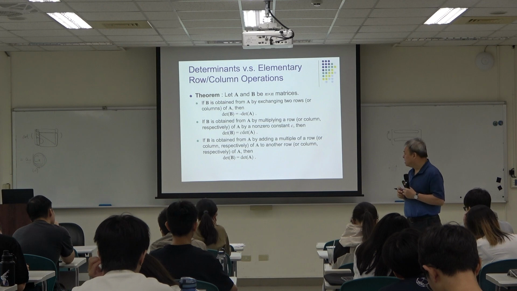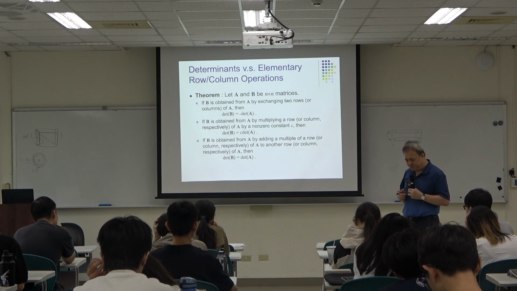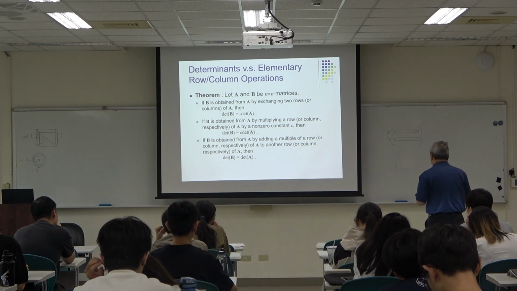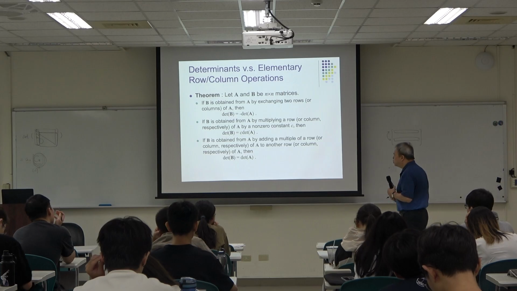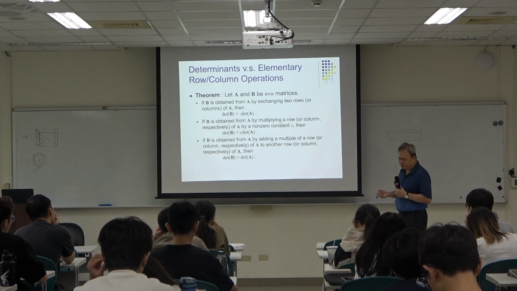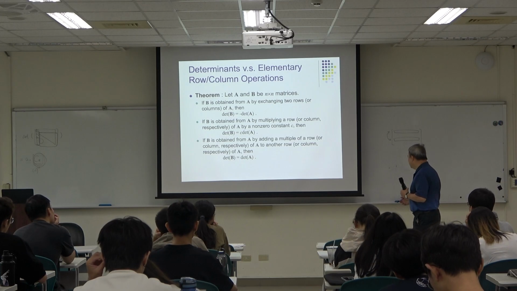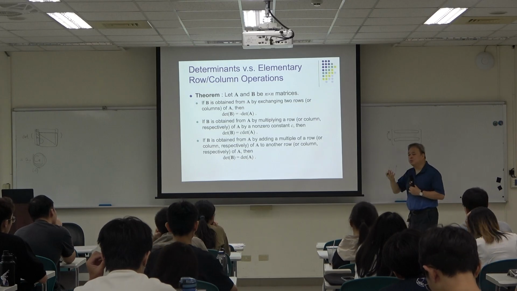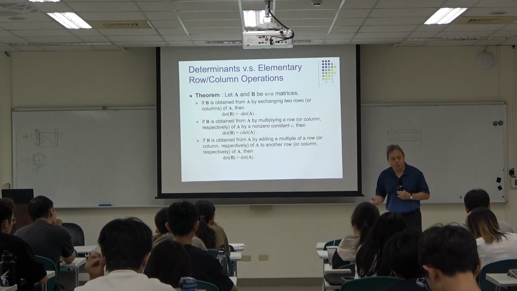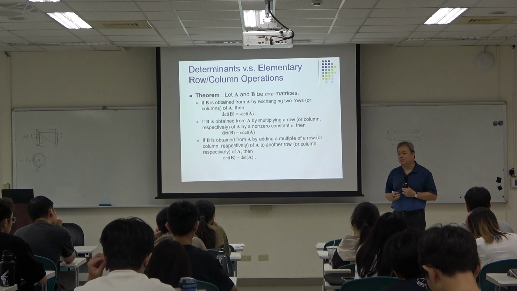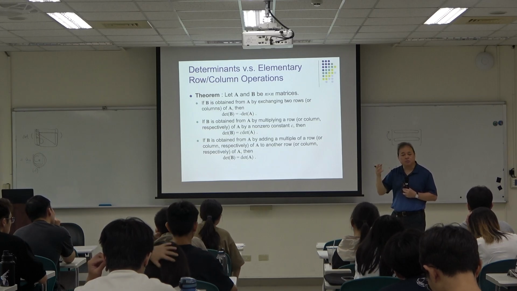We know that. And we can do this proof by induction. Again, in order to exchange two rows, you have to have at least two rows. So the base case n starts from 2.